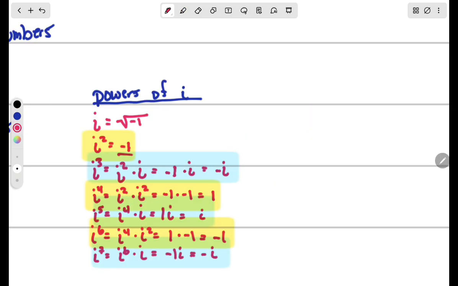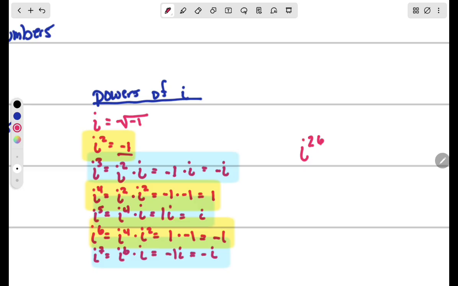If you look at the pattern, let's take an example: i to the 26. I noticed that 26 is even, so we know we're going to have either 1 or negative 1.